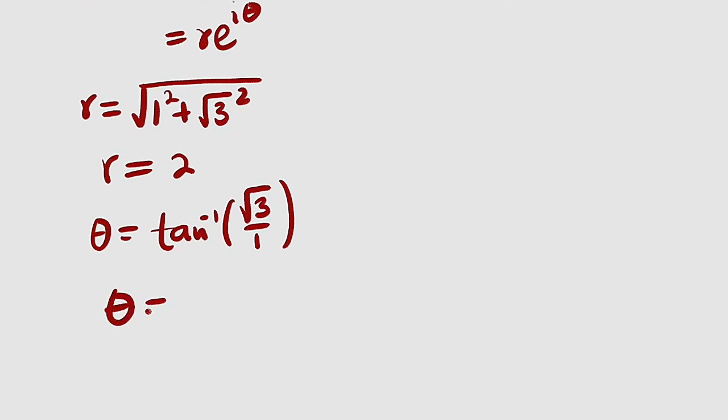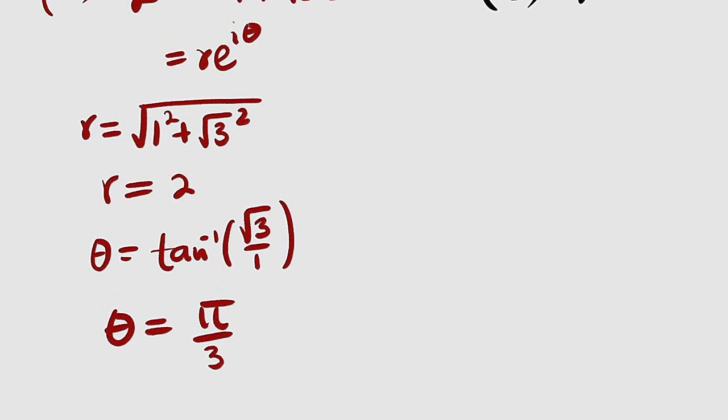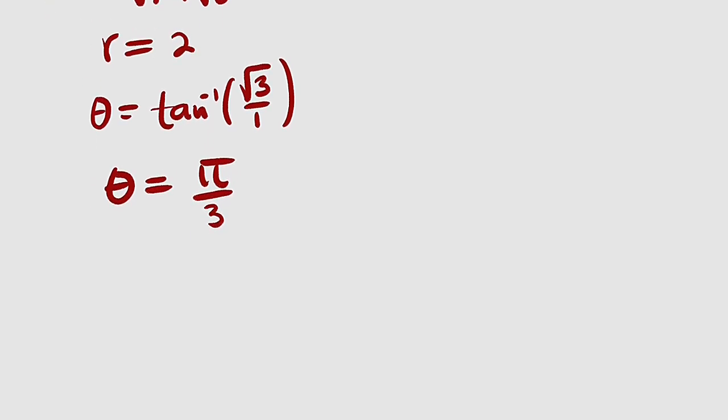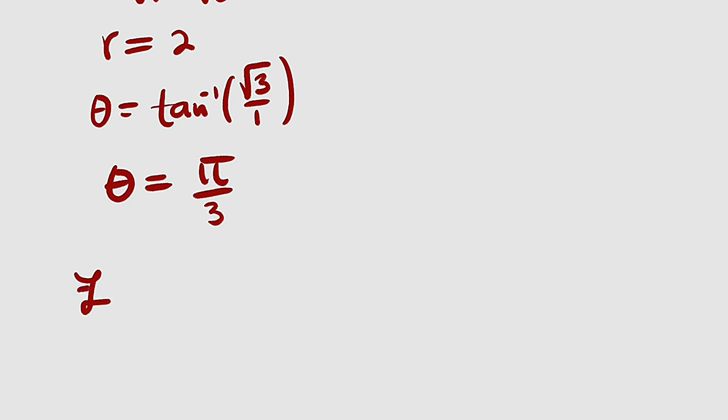Therefore, theta is equal to pi divided by 3. So we have our theta and we have our radius. So what is the exponential form of this complex number? It will be equal to r, which is 2, e to the i theta, and our theta is now pi divided by 3. And hence, we have just transformed this complex number into its exponential form.